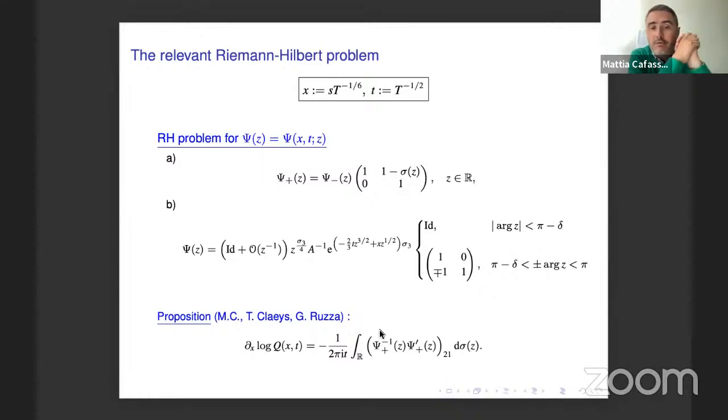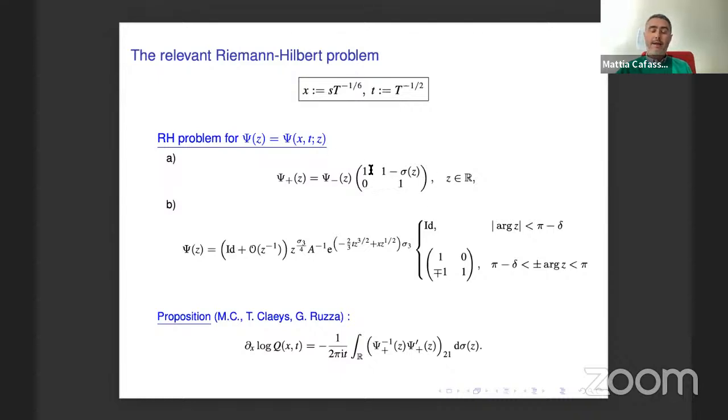For some reasons that will be very clear just in a moment, instead of using the variables s and t, I use new variables x, which will be equal to s t to the power minus 1/6, and small t, which is just essentially the inverse of t to the power 1/4, roughly. Okay, and you end up with this nice Riemann-Hilbert problem in which now you have a jump on the real line, which is quite simple.